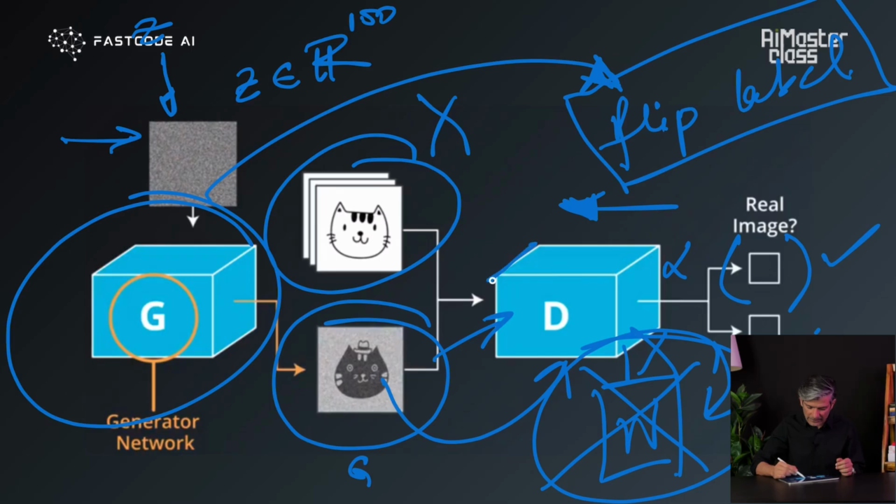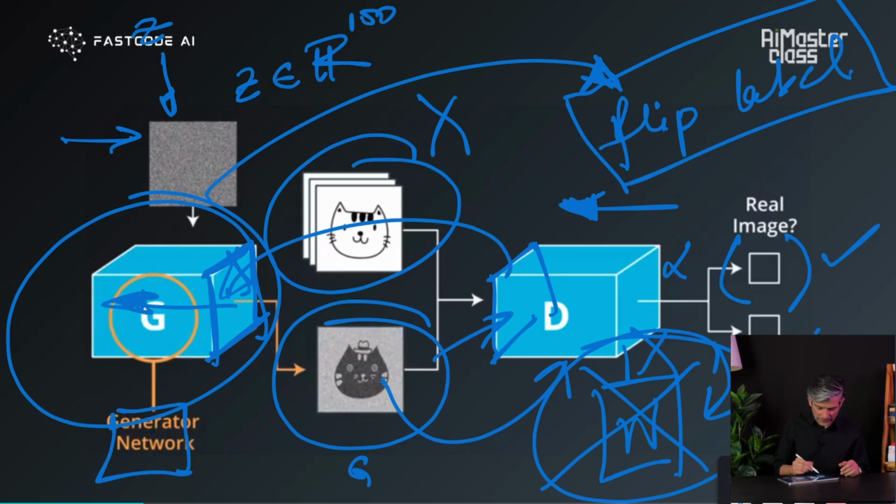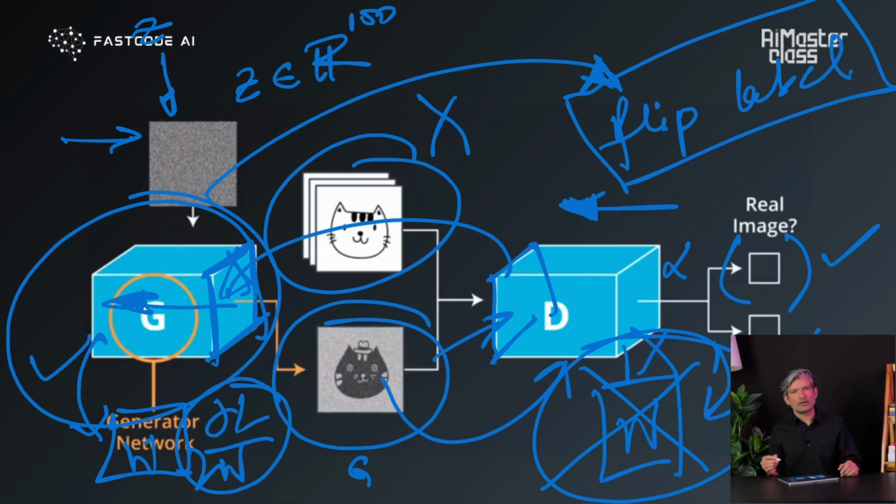We take the gradients at the input of the discriminator and we copy them to the output of the generator. Note that the size of the output of the generator and the size of the input of the discriminator are the same, right? So now we have the gradients, and the gradients are the size of the output of the generator. Here we again use the chain rule and back propagate within the generator, and the weights we actually update, right? We take the derivative of loss with respect to the weights, and with that we update the generator.